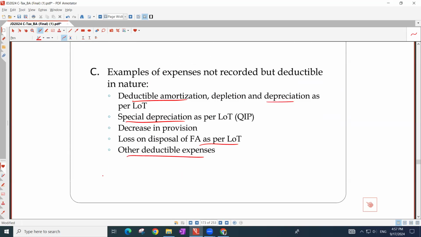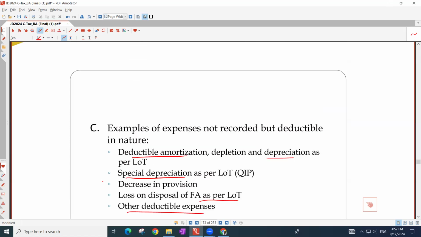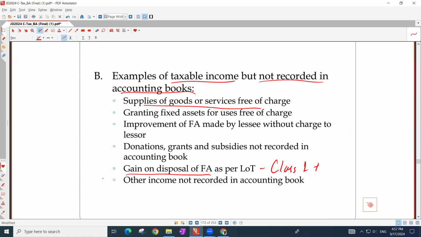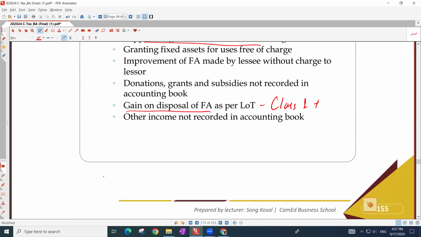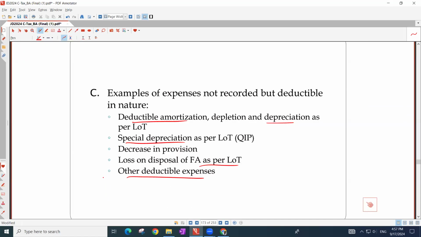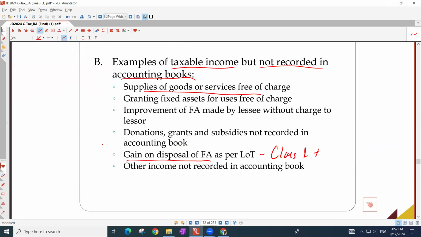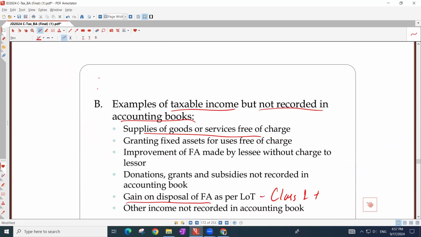Okay, this is where we add back all non-deductible expenses. We add back income not recorded in the accounting books, and we claim deductions. This is what we deduct, or we say less here. The A and B is 8.